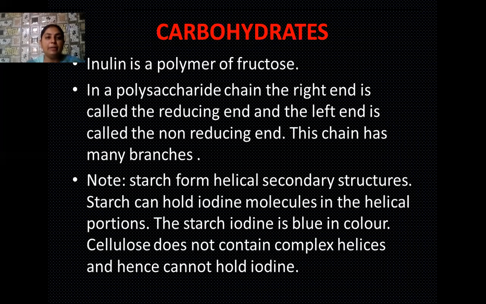And because of the trapping of these iodine molecules, the color shown by the starch solution with iodine is blue-black. But such helical secondary structures are not present in cellulose, which is another complex type of carbohydrate. So that's why it does not show any blue-black color with iodine.